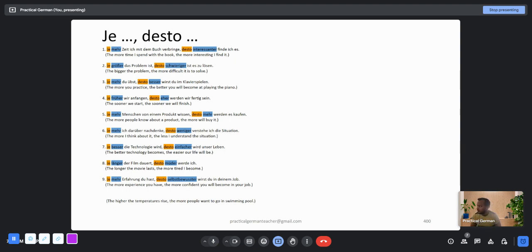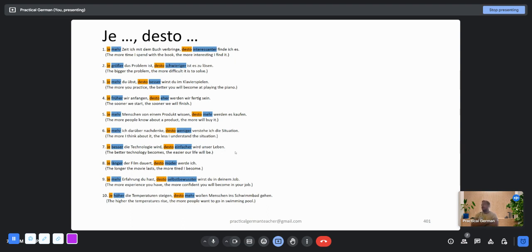Je höher die Temperatur steigt, desto mehr Menschen wollen gehen.